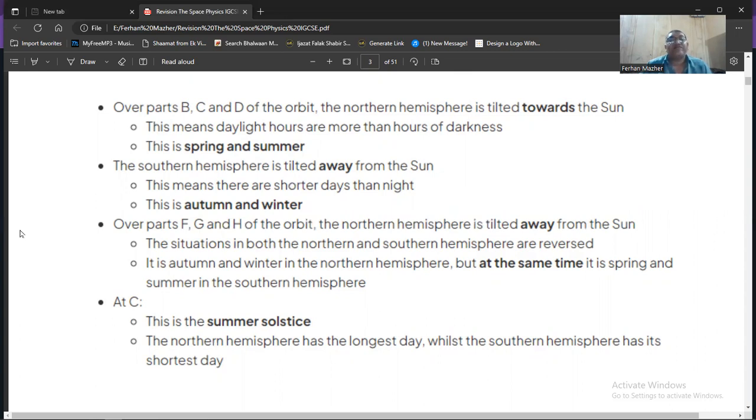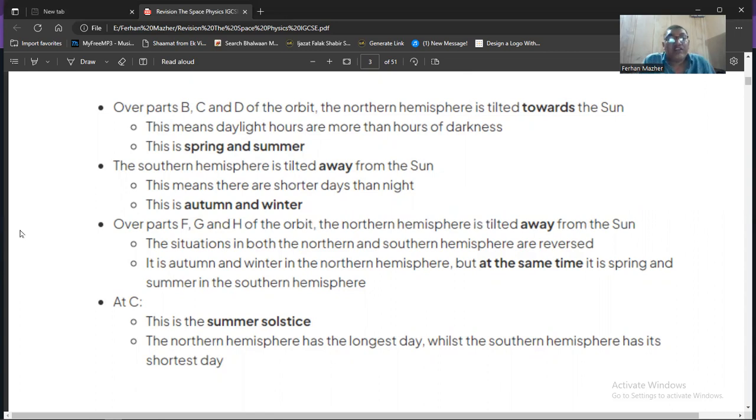Over parts F, G, and H of the orbit, the northern hemisphere is tilted away from the sun. The situation in both the northern and southern hemispheres is reversed. It is autumn and winter in the northern hemisphere, but at the same time, it is spring and summer in the southern hemisphere.